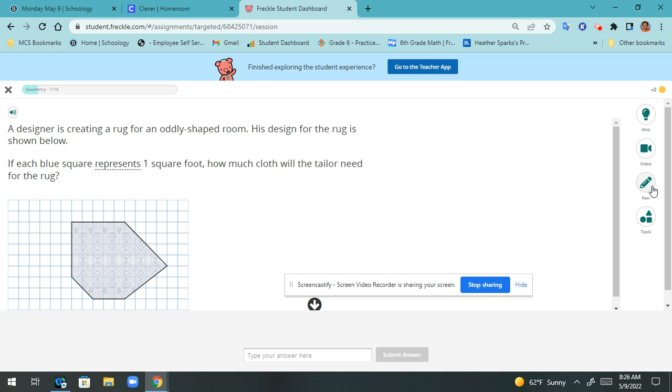Let me get the pen so I can show you what I'm talking about. So this little part here and that little part here. I'm trying to do this with my left hand. So this part is 25. Let me try it again.